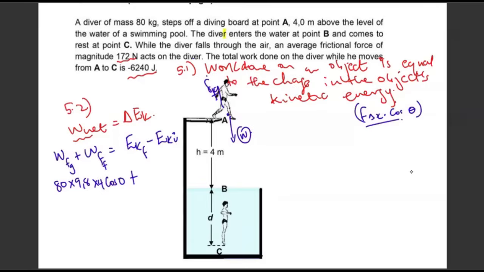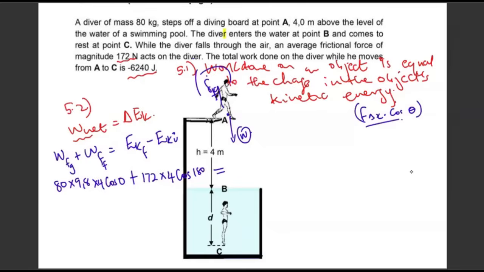Plus, they told us that the frictional force is 172 multiplied by the displacement, which is 4, and then that's going to be cos of 180 because it's opposite. Okay, if you want to avoid the cos of 0 and the cos of 180, just focus on the direction. So friction is negative, so then there will be no need of the 180 to come out automatically.